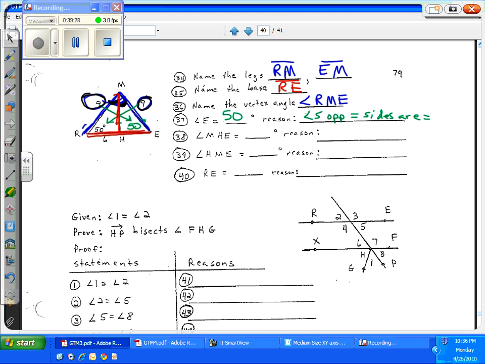The isosceles triangle theorem says that the bisector of the vertex angle of an isosceles triangle is perpendicular to the base at its midpoint. That means that angle MHE is 90 degrees because of the isosceles triangle theorem.